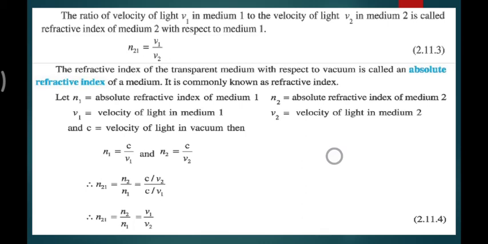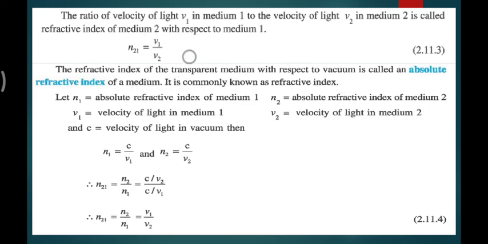Suppose it is 50. This is the worst of all examples, just for your understanding. When light passes through air it has 100, and once it passes through water it has 50. So v1 is 100, and what is v2 for you?